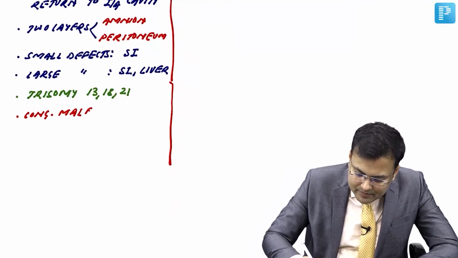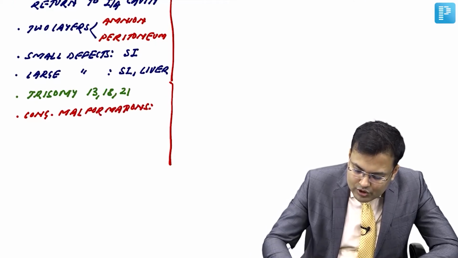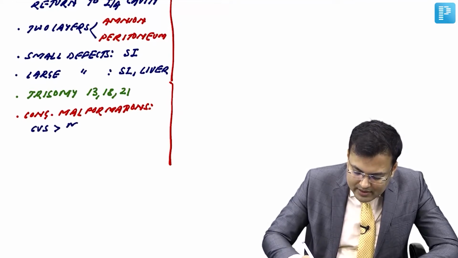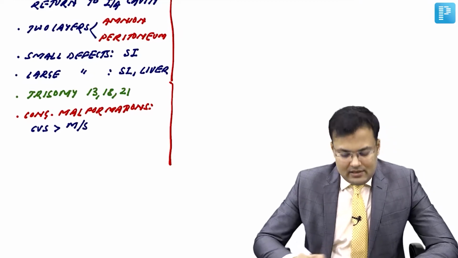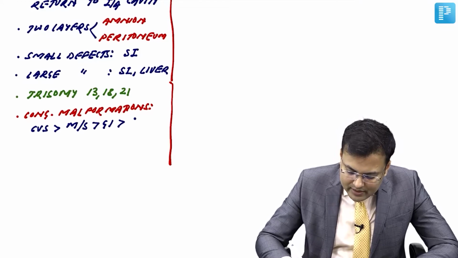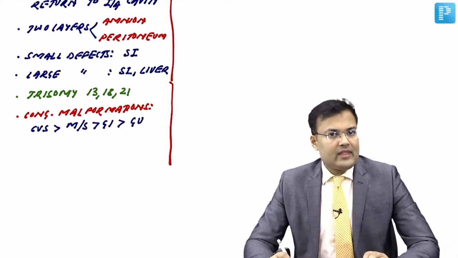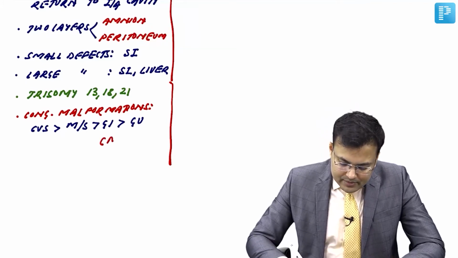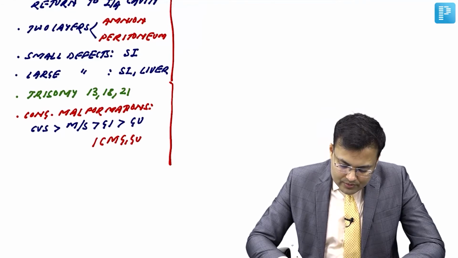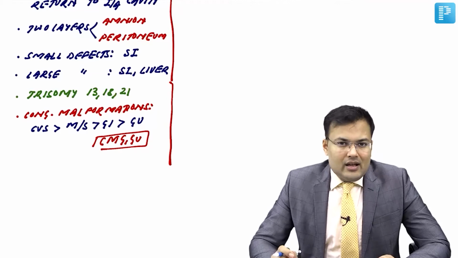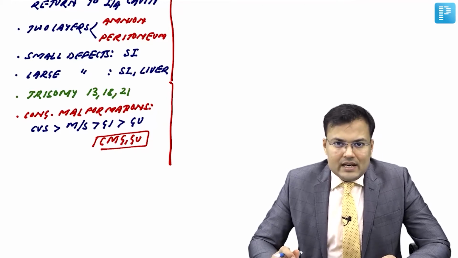You have to remember the most common is cardiovascular, followed by musculoskeletal, followed by gastrointestinal, followed by genitourinary. How to remember? CM GiGu. Clear? Cardiovascular, followed by musculoskeletal, followed by gastrointestinal, followed by genitourinary.